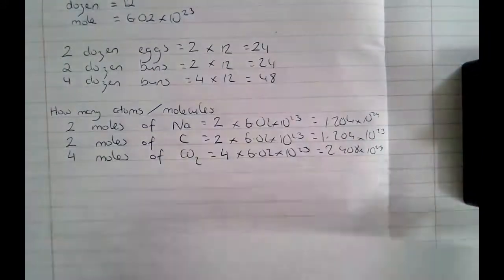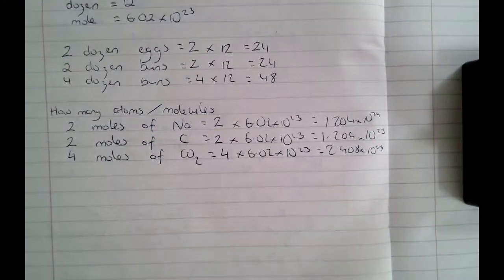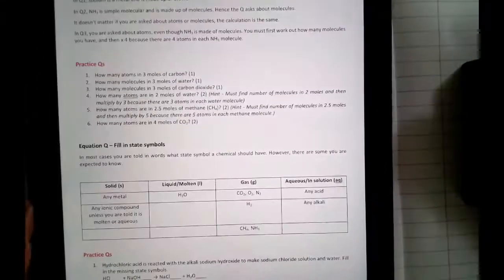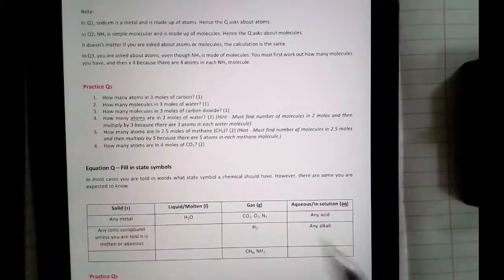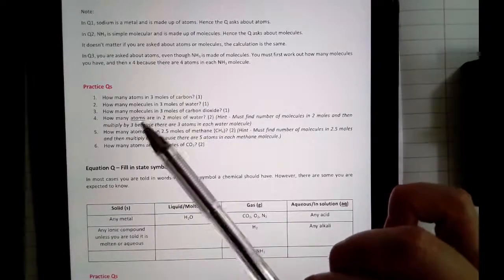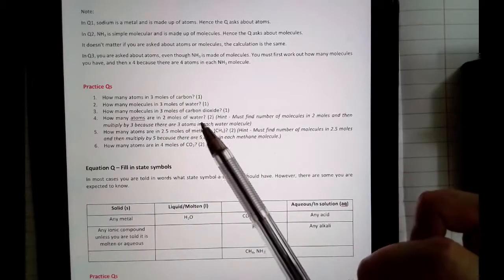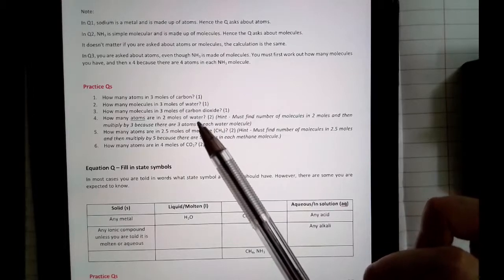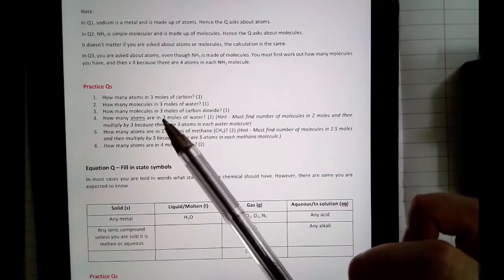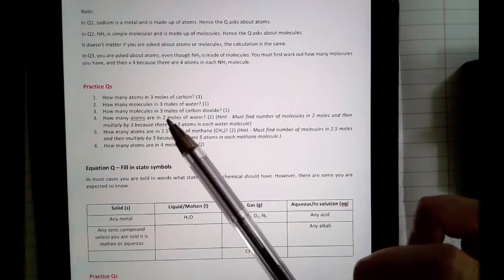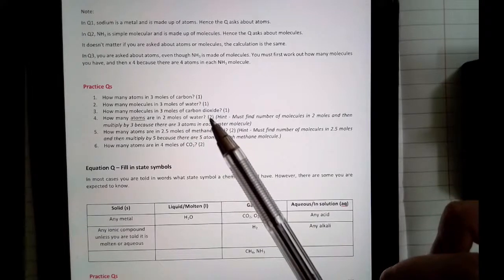The only times it can get a little bit awkward, and I gave you an example of this in your booklet, is in questions 4, 5, and 6. So I asked you how many atoms are in 2 moles of water. Okay, water itself is not an atom. Water is a molecule. So what you will have to do is you've got 2 moles, so you'll do 2 times 6.02 by 10 to the 23.